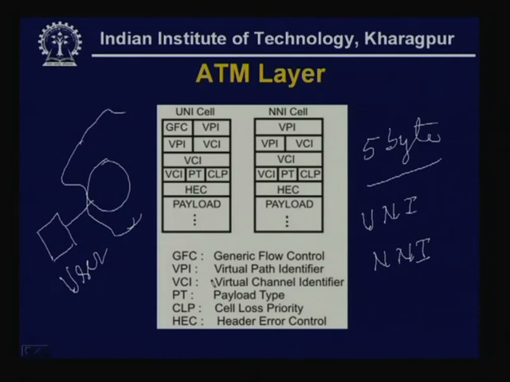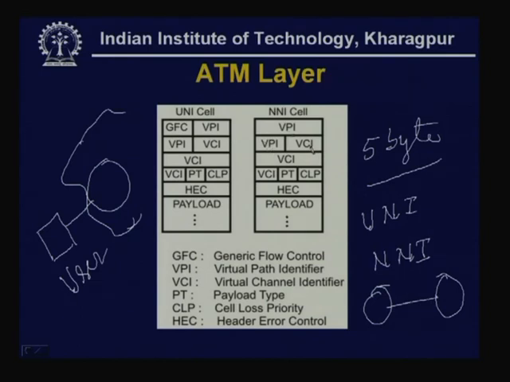Then VPI, the virtual path identifier, is 8 bits, as I mentioned, between the user and the network for UNI. On the other hand, it is 12 bits for the NNI interface. So, whenever it is between two switches, it can be a 12 bit VPI.